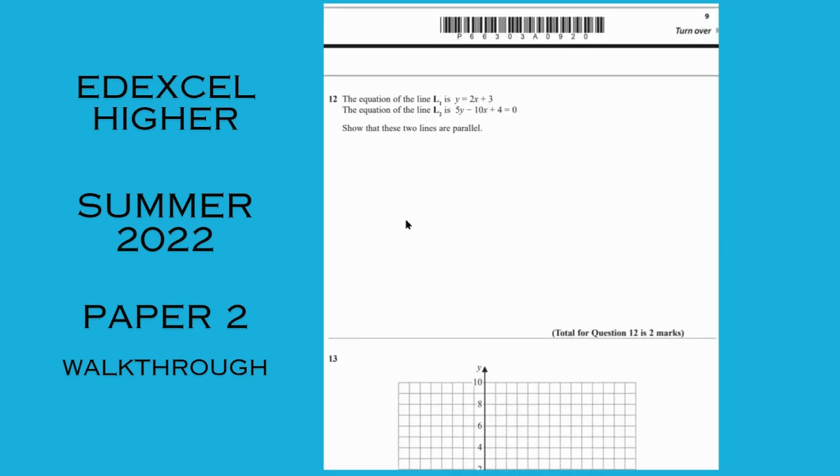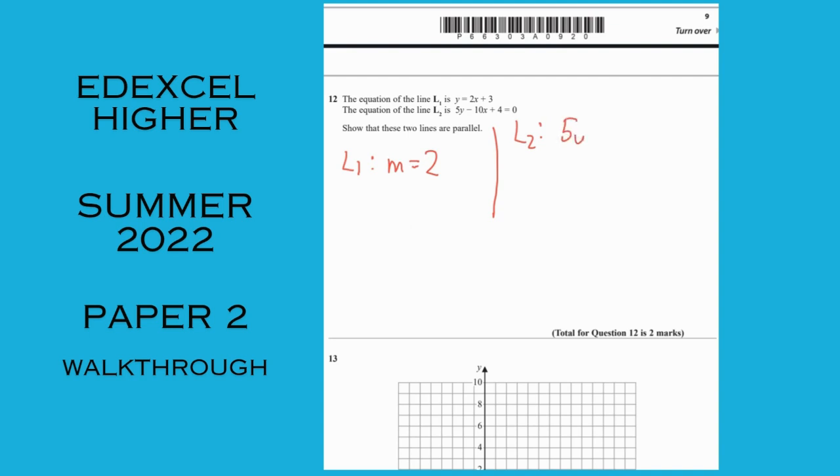Number 12. Show they are parallel. Let's just look at them in turn. Let's look at L1. It's already in y equals mx plus c form. So the gradient is the coefficient of x. It's L2 that needs some work.